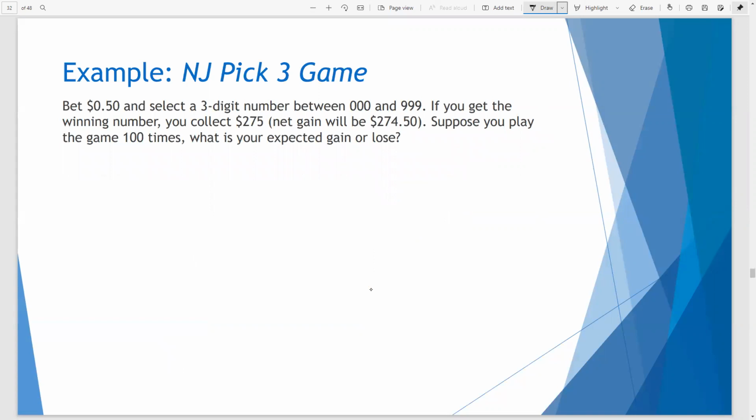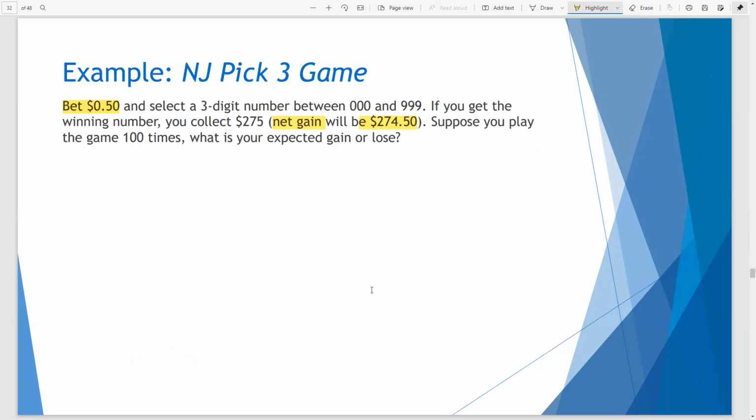All right, the next question: New Jersey Pick 3. Bet 50 cents and select a 3-digit number between 000 and 999. If you get the winning number, you collect $275, and the net gain will be $274.50.